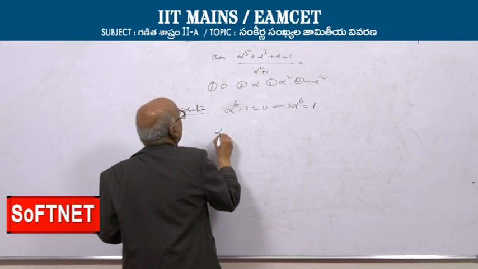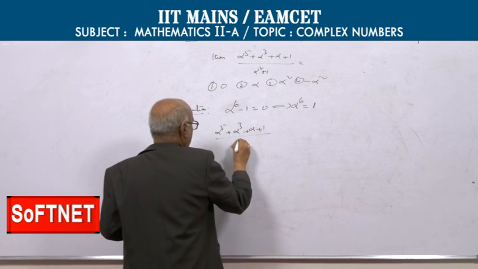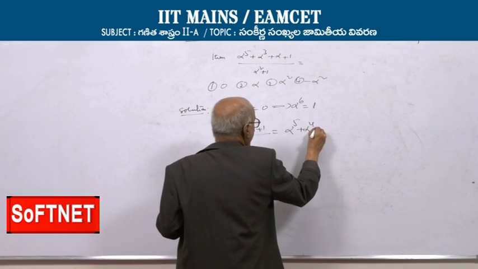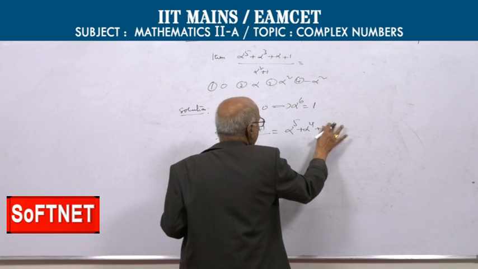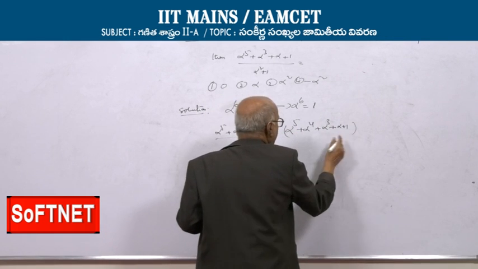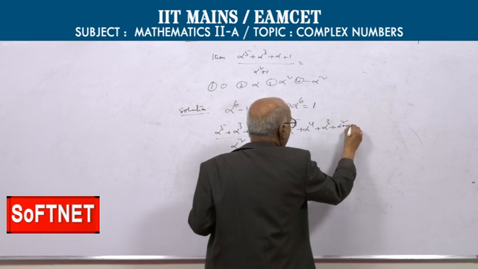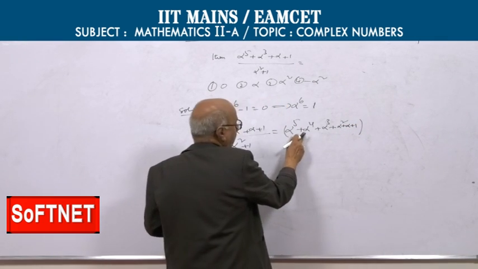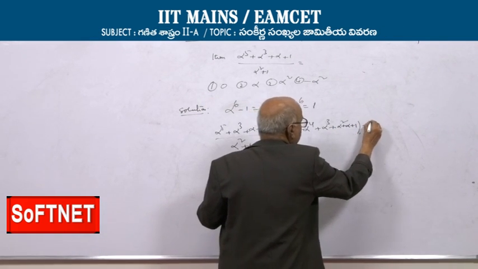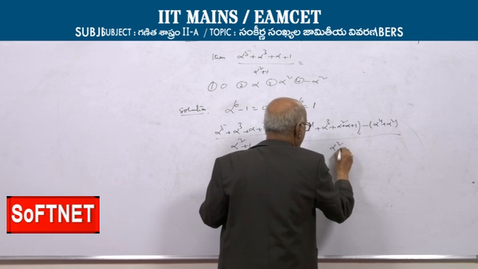Now (alpha power 5 plus alpha cubed plus alpha plus 1) by (alpha square plus 1) can be written as (alpha power 5 plus alpha power 4 plus alpha cubed plus alpha plus 1 minus (alpha power 4 plus alpha square)) whole by alpha square plus 1.